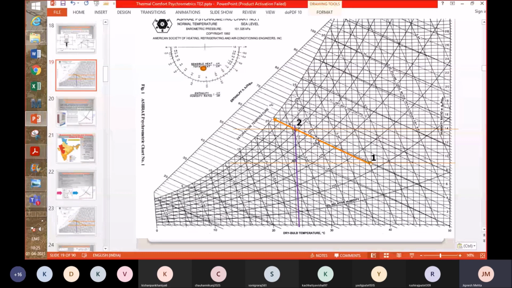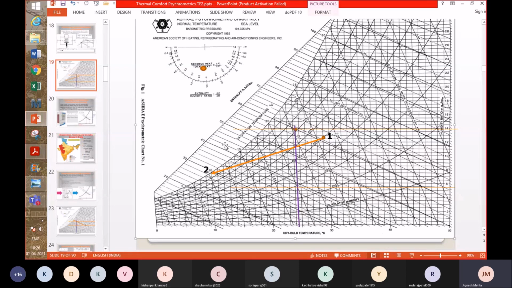So you put your point 1 there. At the inlet to the coil, this is the condition, and you start with that. The final condition is 10 degrees Celsius saturated. So it is this point, right? Point 2 is here, 10 degrees Celsius saturated.